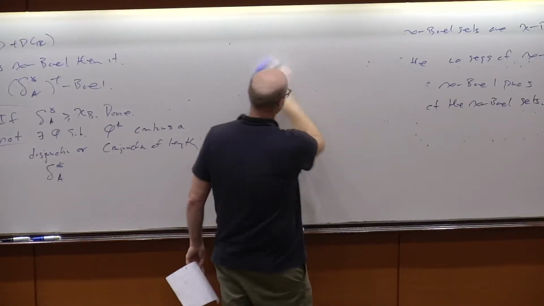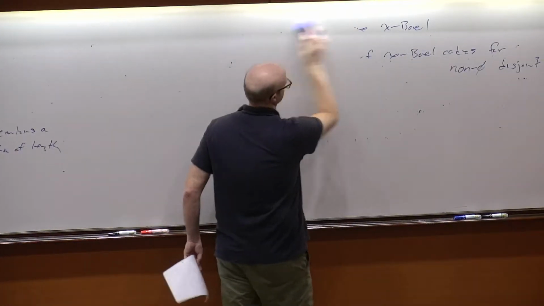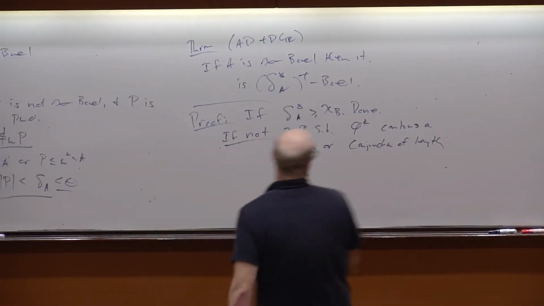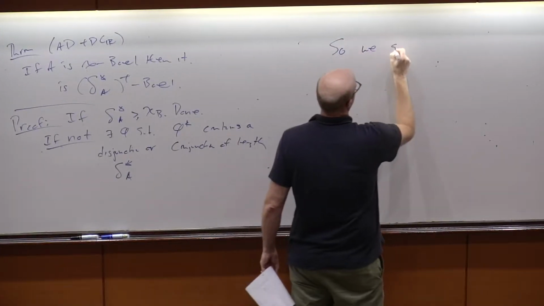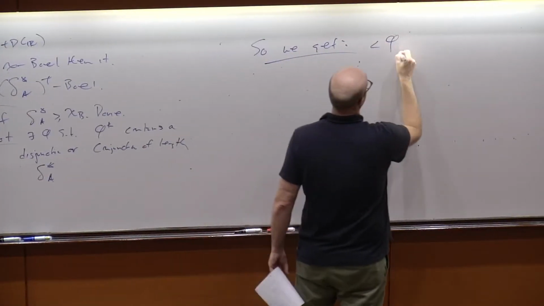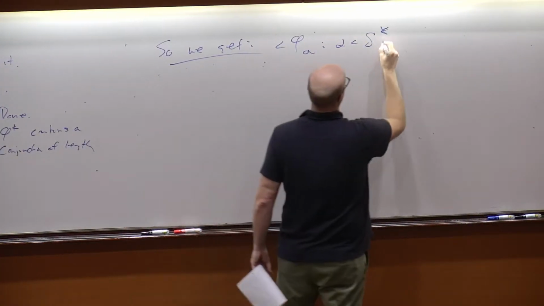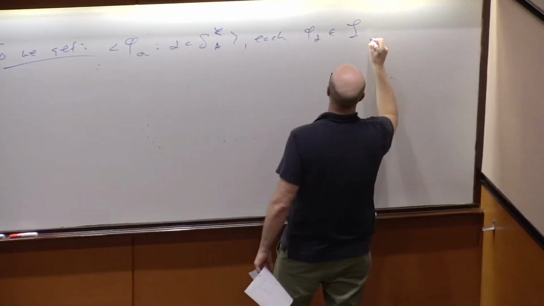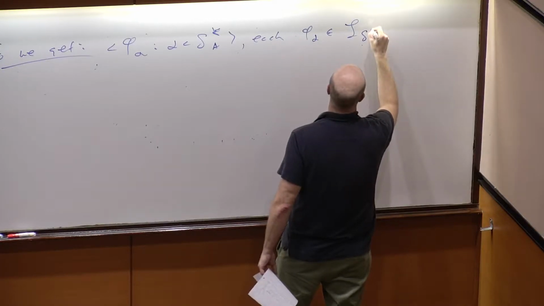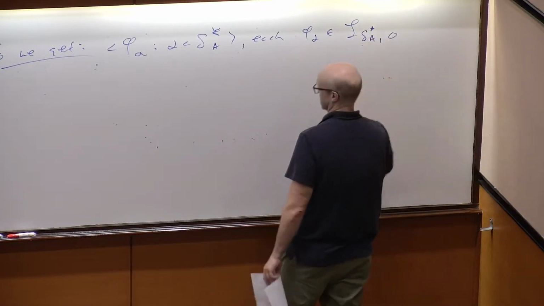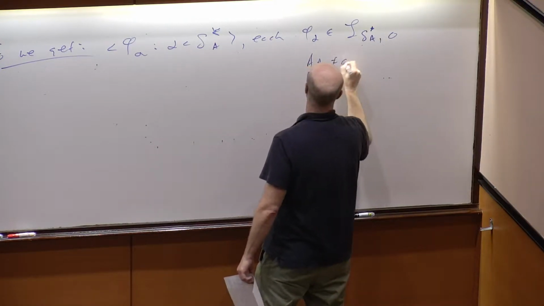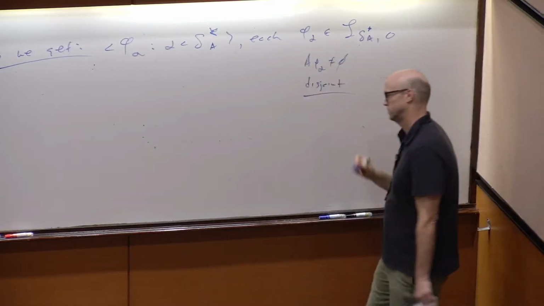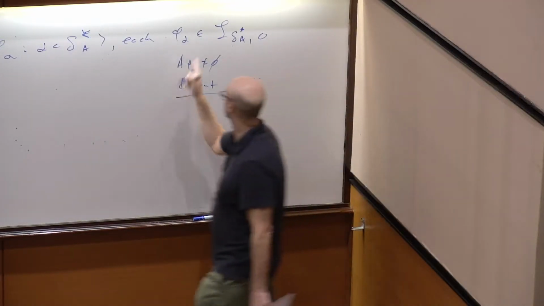I can take a minimal example and just chop it off at length delta star A. So what we get out of that is a sequence of formulas phi alpha, alpha less than delta star A. Each phi alpha is in the propositional language where I'm allowed to take disjunctions and conjunctions of length delta star A. Each set is non-empty, and the sets are disjoint, since I didn't collapse down into this language.